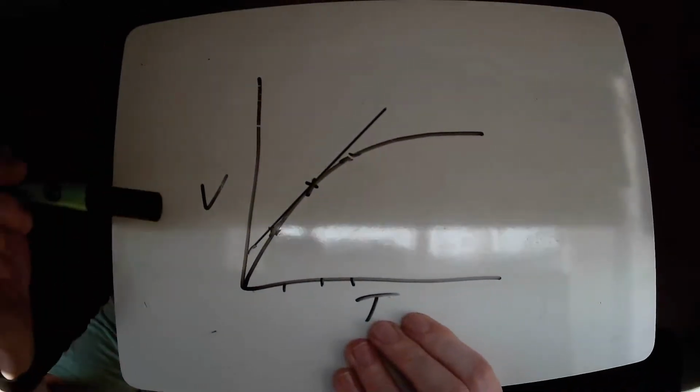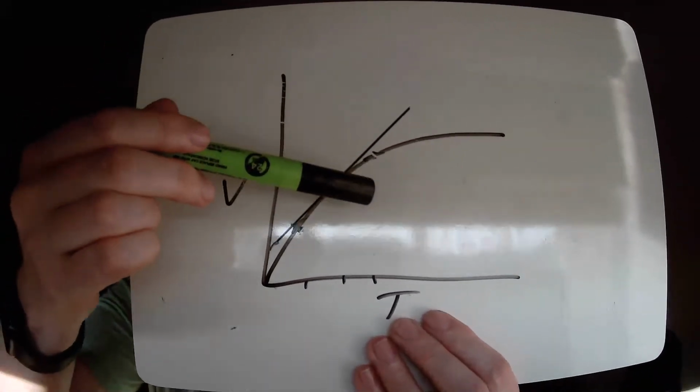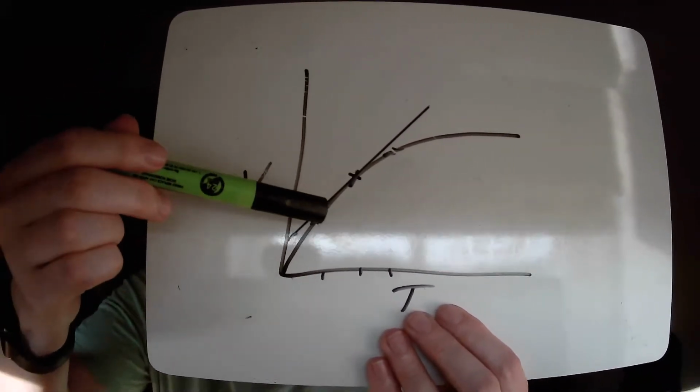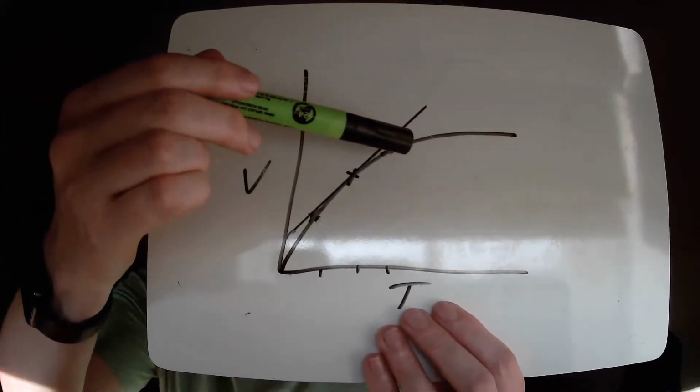Basically you need to put your ruler so it's roughly equal on both sides of it, and then extend it out. Then pick any 2 points, pick easy ones is my advice, draw your triangle across this straight line, and then you can work out your volume divided by time, and that gives you your rate at that specific point on the graph.